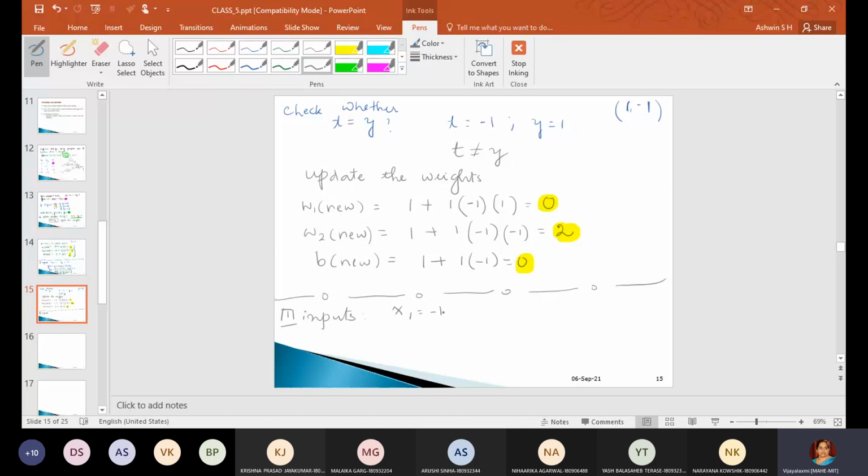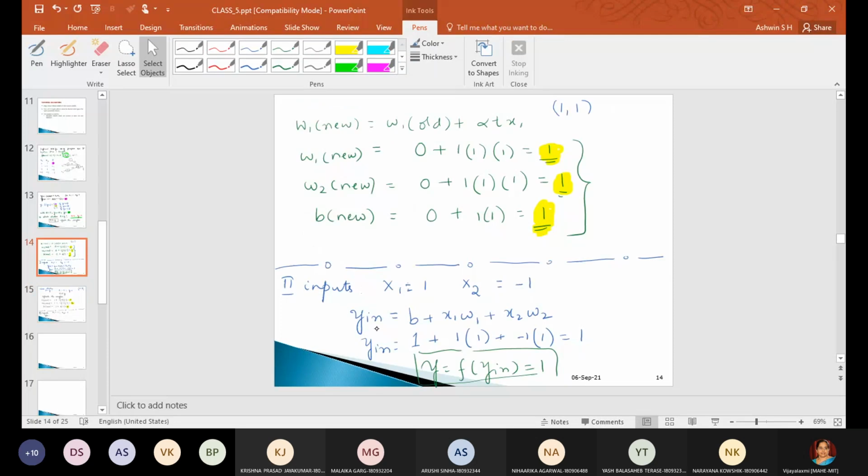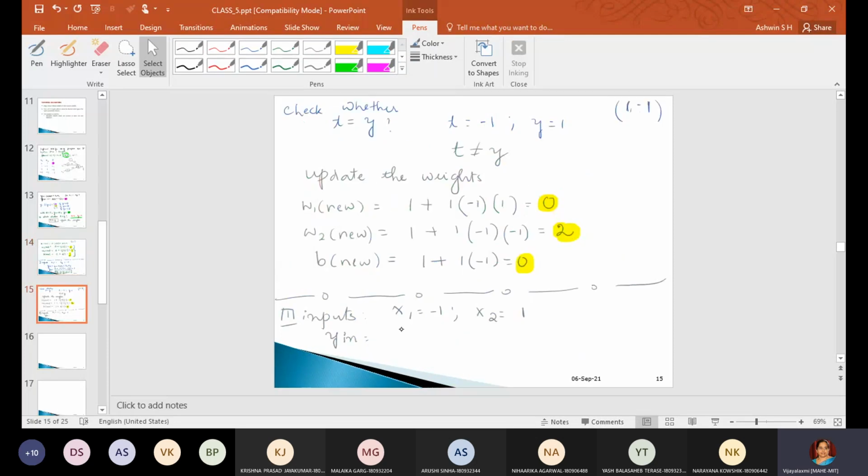Now you calculate y in, which is equal to b plus x1 w1 plus x2 w2. b is 0, plus x1 w1 is 0, plus x2 is 1, w2 is 2. So this is 2.